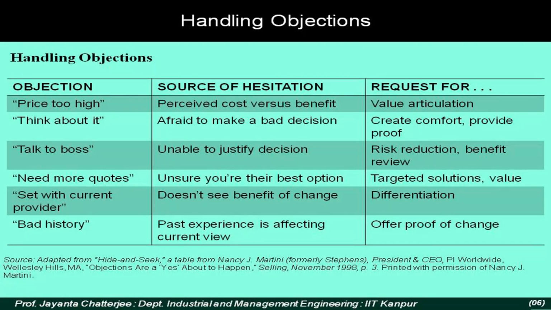And the seller will say, oh no, look at this material, or look at the shine of this material, or look at the feel of this material, or this will actually retain its color. In fact, the color will become better as you wash the fabric more and more, or the material will become softer, easier on your skin, or it will actually absorb sweat. All of these will be brought out by the seller as value articulation.